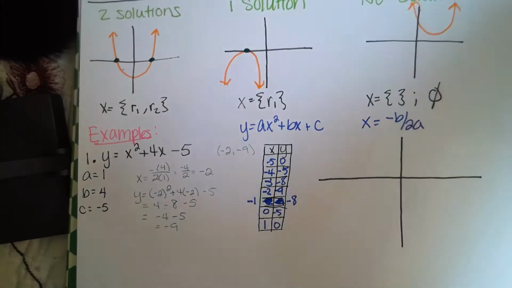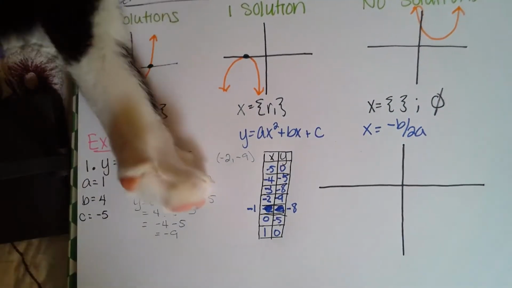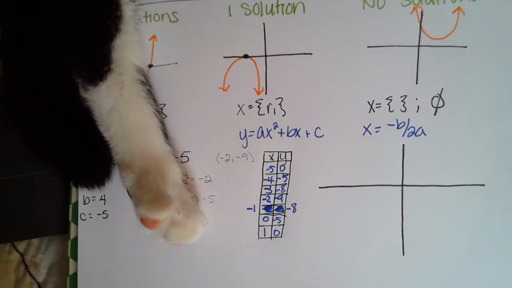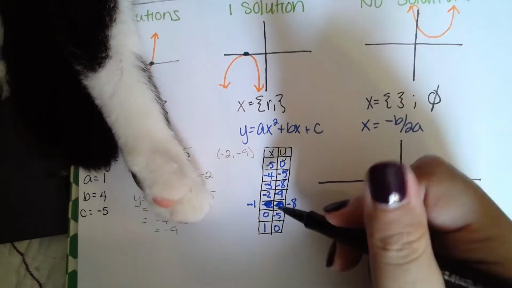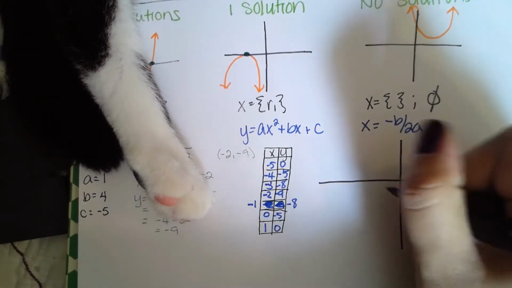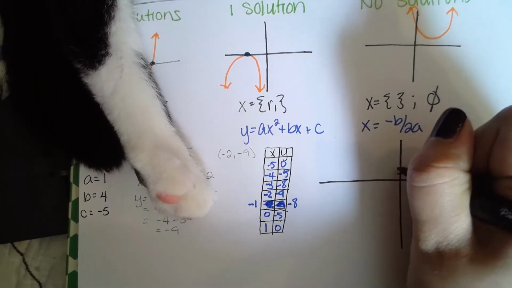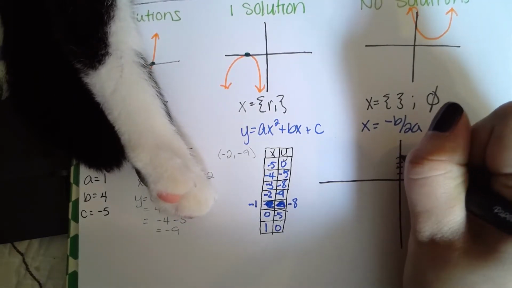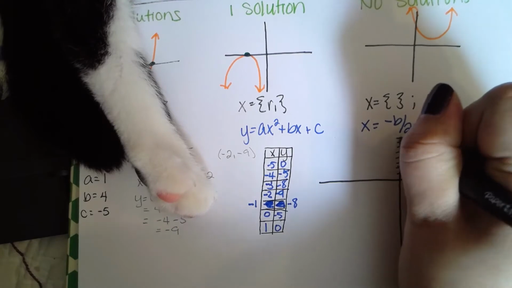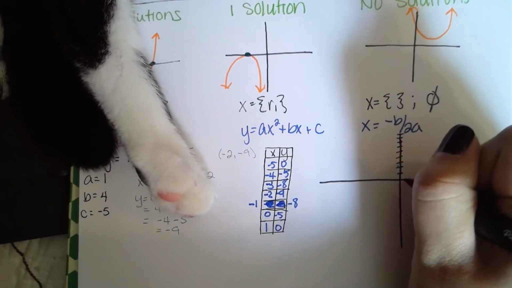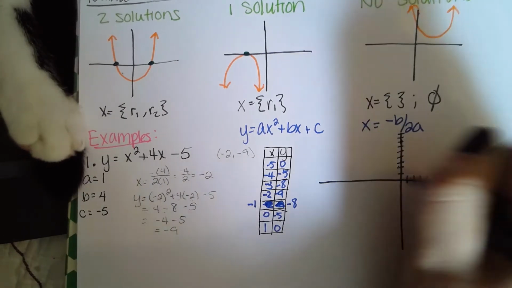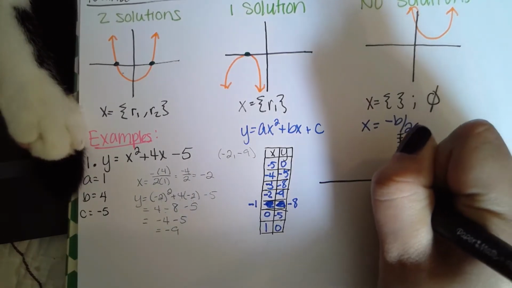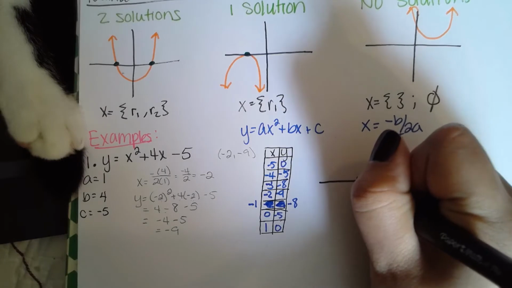Okay, so graphing that, starting off with the leftmost one, -5, 0. Then -4, -5. Then -3, -8. -2, -9. -1, -8. 0, -5, and 1, 0.